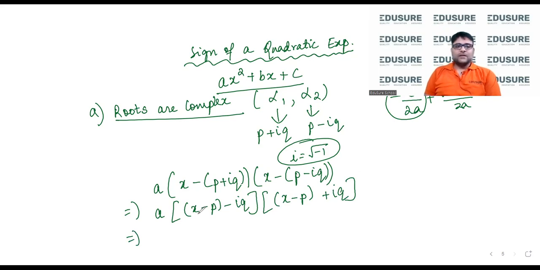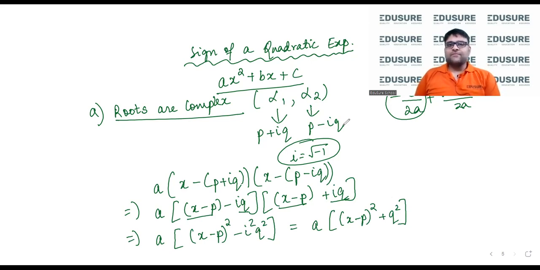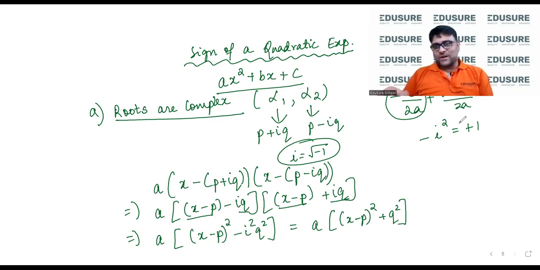So this is nothing but a minus b into a plus b, which is a square minus b square, which is equal to a into, minus i square, where i is equal to root over minus 1. i square is minus 1. Minus i square will be plus 1. This is what we'll have.